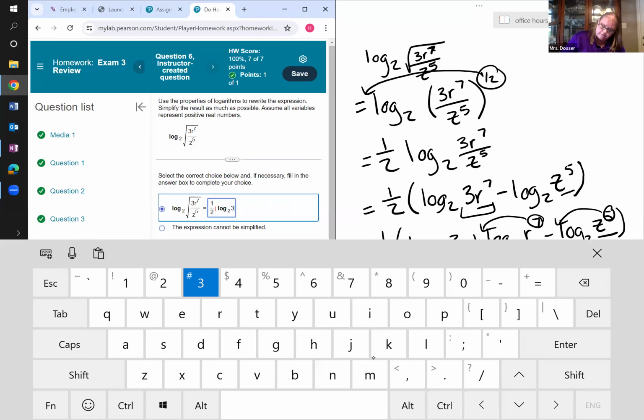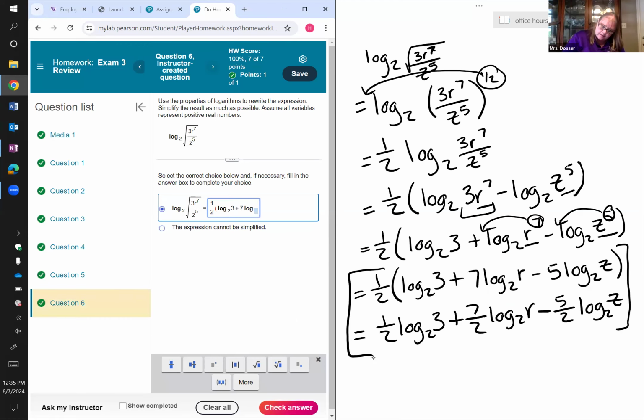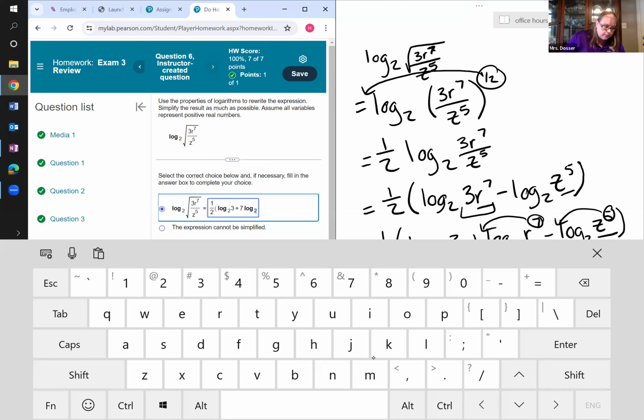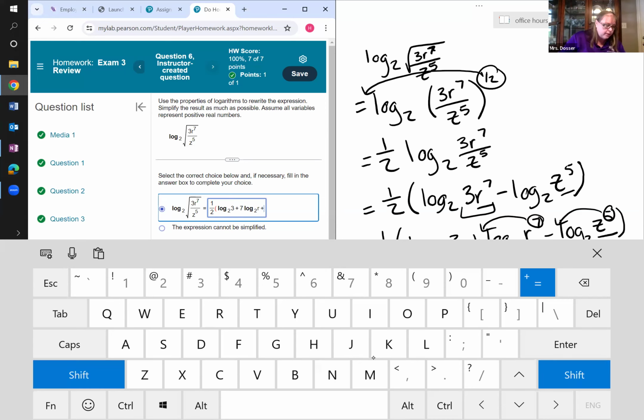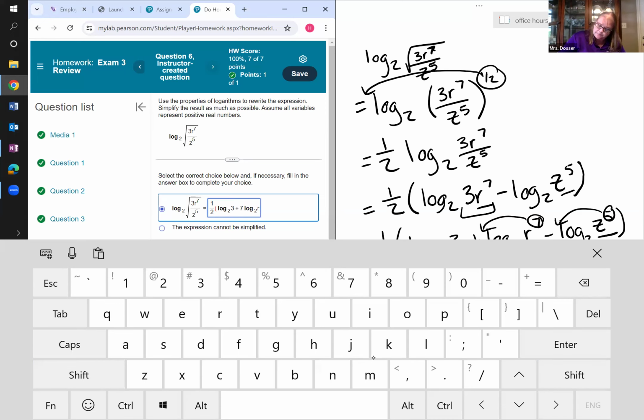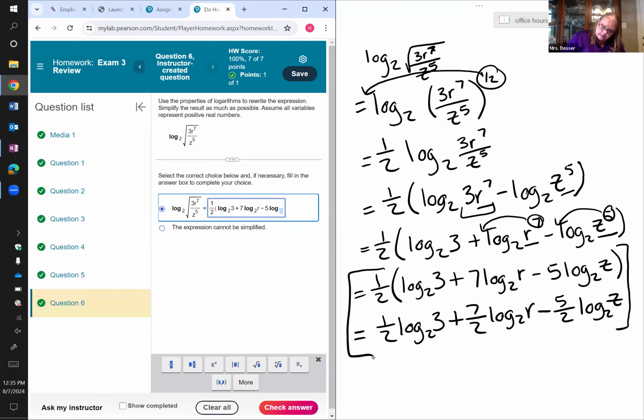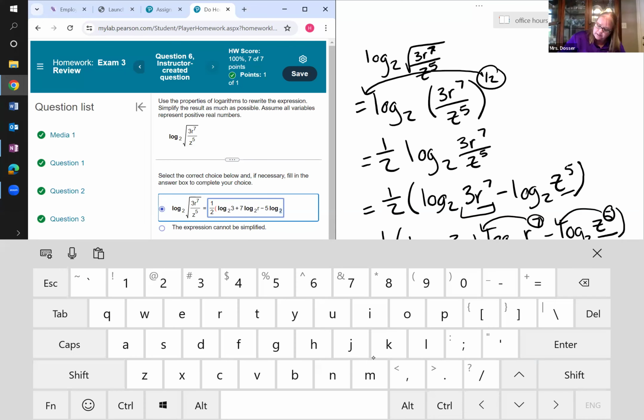Arrow over, we're taking the log of 3, and then we have plus, and then 7, log, and then our base, and then our base is 2, and then this time we're taking the log of r, and then we have minus, and then we have 5, log, and then again our base is 2, and we're taking the log of z, and then we close our parentheses.